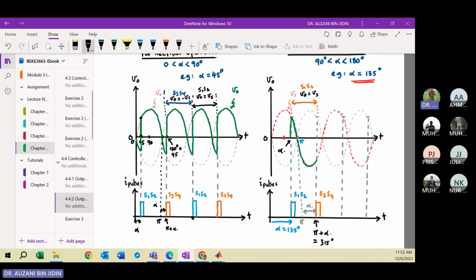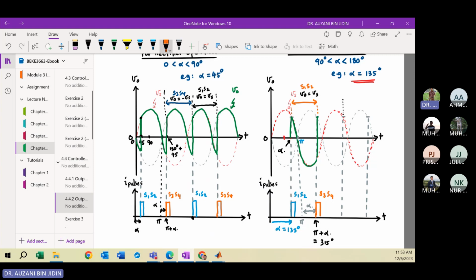Okay, 315 degrees. So once you inject the current pulse to the gate terminal of S3 and S4, these two SCRs will be conducted. So your output voltage suddenly changes to here. Okay, I try to extend this line first.